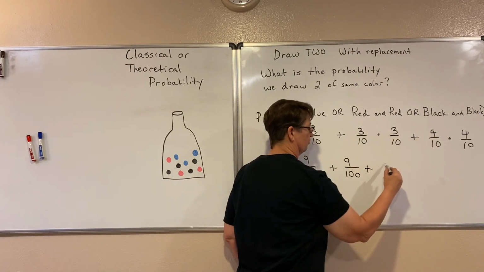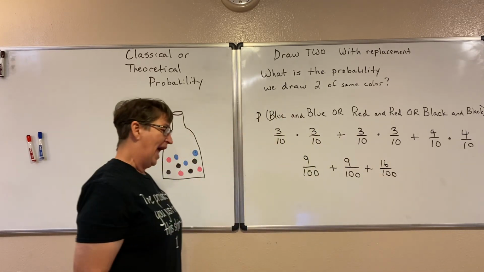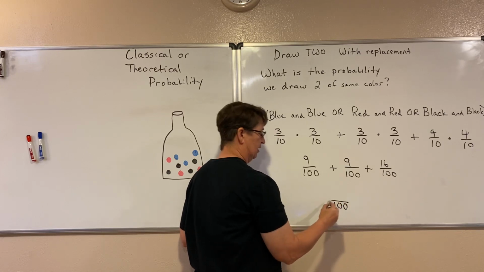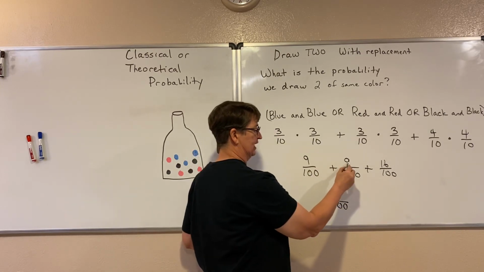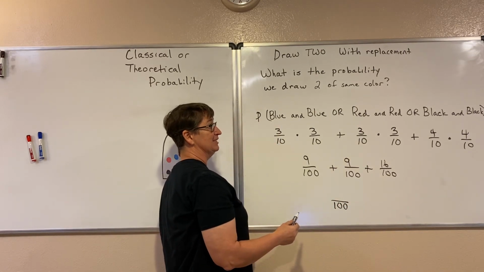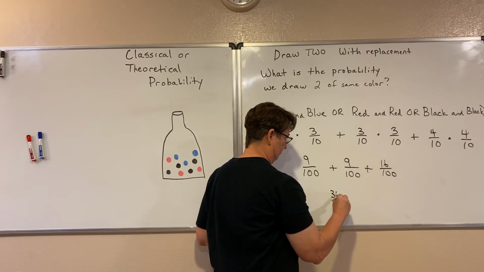Plus 4 times 4 is 16. 10 times 10 is 100. Now I'm going to add those together. So remember, you keep your denominator. Add the top. So 9 plus 9 is 18. Plus another 16 is, what, 18 and 10 is 28. Plus 6 makes 34.